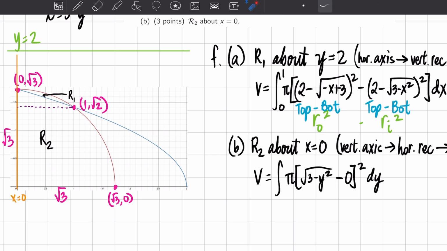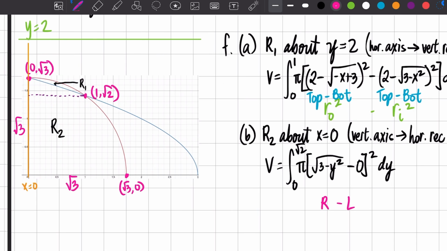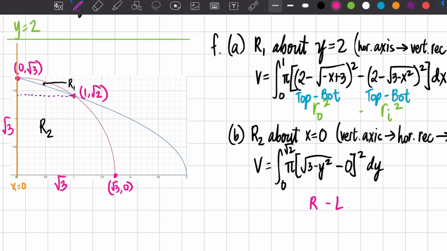And for your bounds, we are moving from here, y equals 0, until you reach this part right here, y equals square root of 2. So you have y equals 0 to y equals square root of 2. Okay? So this is your right curve minus left curve, and we're doing it for this region here. So let's call it R2A for reference, and this one is R2B. So we are doing that for your region R2A.